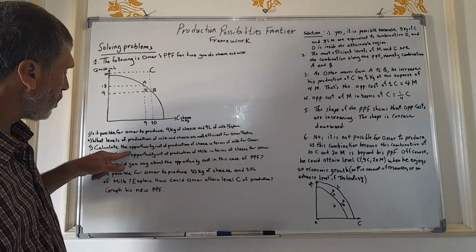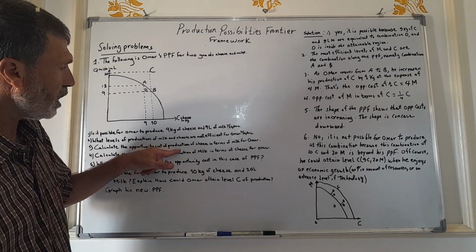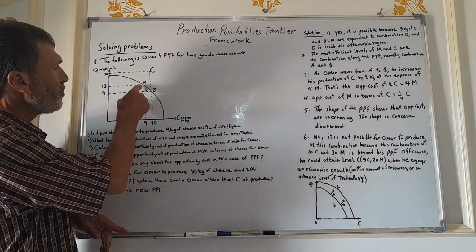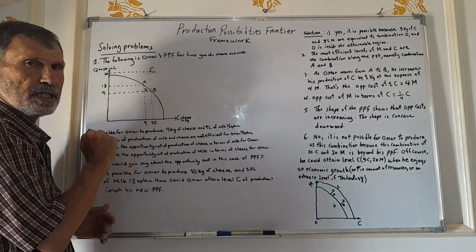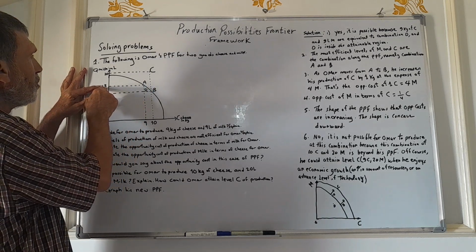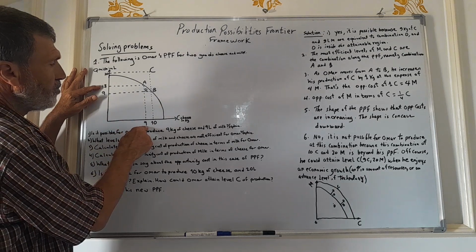3 says calculate the opportunity cost of production of cheese in terms of milk. Okay, of cheese in terms of milk. So as Omar moves from A to B, you remember at A, he produces 13 liters of milk and 9 kilograms of cheese.